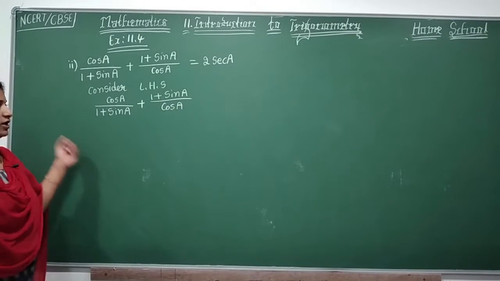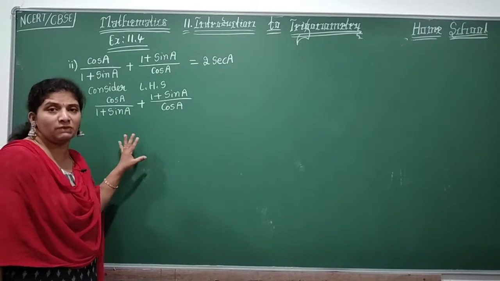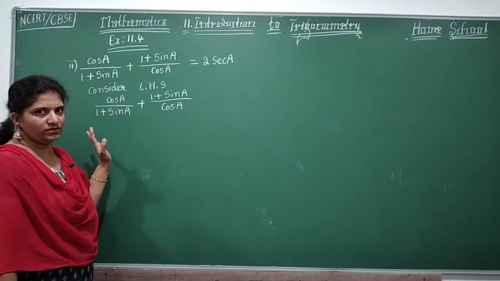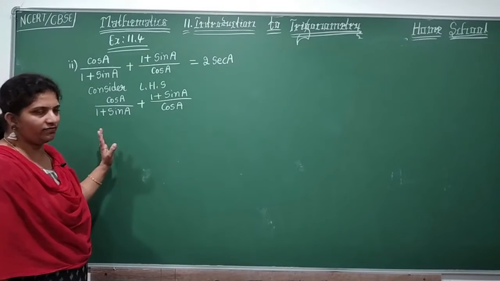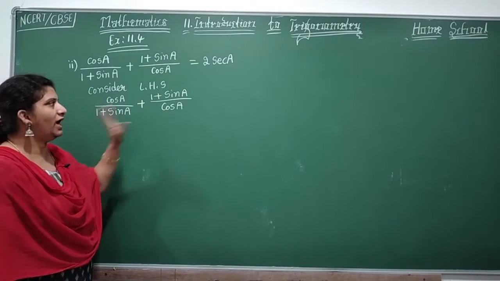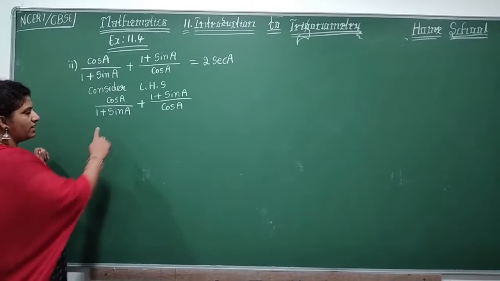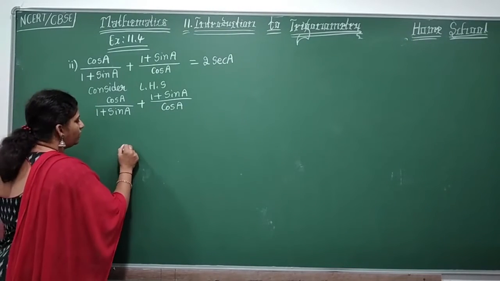Okay. Now look here children, how to do this problem. Here I cannot simplify further. Now let me have a look carefully. So now the only option is LCM. So let's do the LCM here.